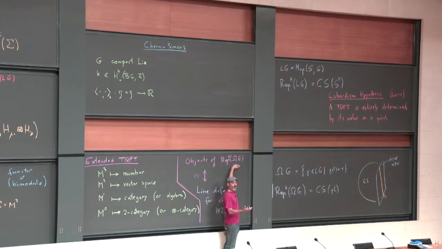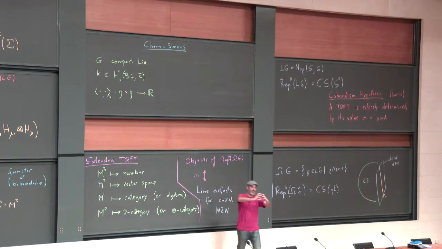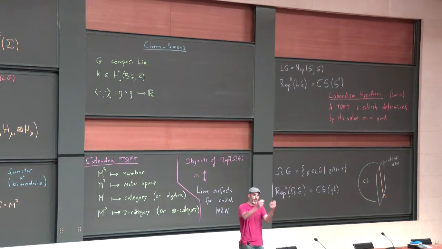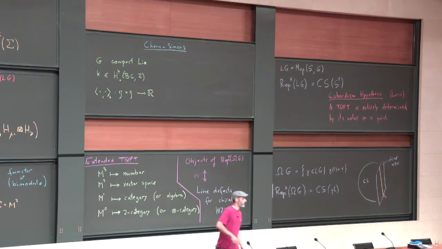Not everything in it is dualizable. But itself, as an entity, it is fully dualizable. But it contains inside it infinite things. Thank you very much.